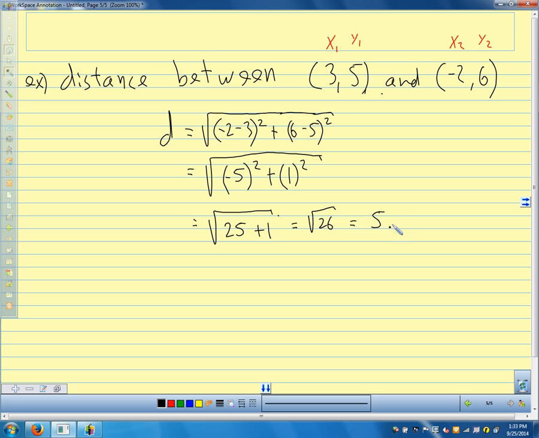Someone calculate this for me, please. 5.099. Okay, so we'll just call it 5.1. So the distance between those 2 points is about 5.1 units. So when we square a number, it should always turn positive. You should never end up with a negative number under your square root.